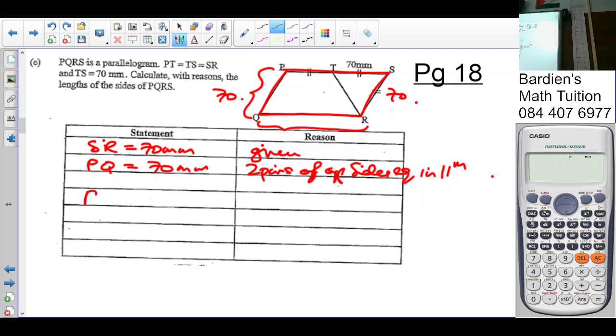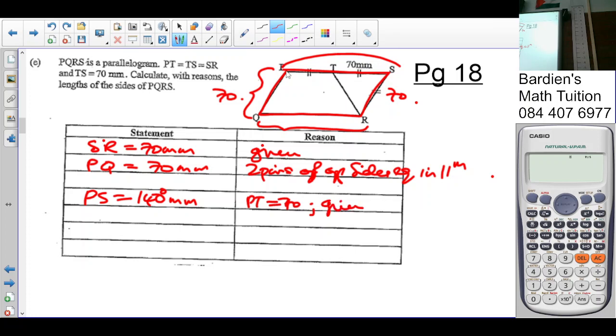PS is equal to 140 millimeters. Why? PT is equal to 70, that was given.